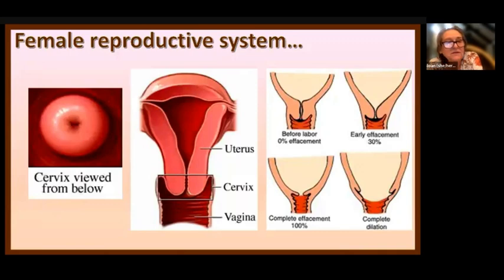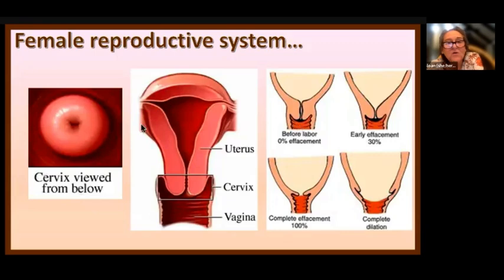This is the cervix, looking from the vagina up to the cervix. You can see there's a tiny little opening there so that semen and sperm can come into the uterus and menstrual flow can come out. Again, here's the vagina, and the cervix is right here.